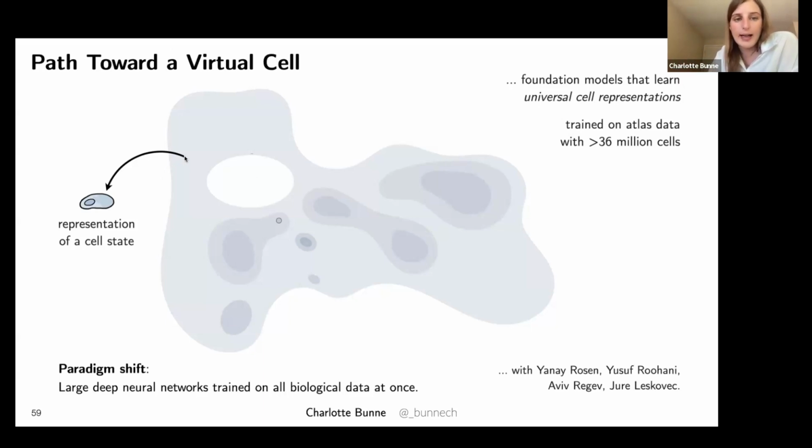I'm able to represent the state of my cell in terms of certain modalities and types of measurements: transcriptomics, proteomics, and so on. And now we are going to use those universal cell representations to do downstream analysis on cellular dynamics, responses, and so on.